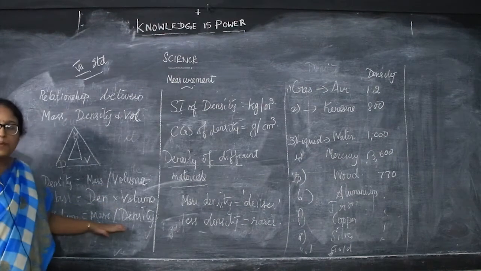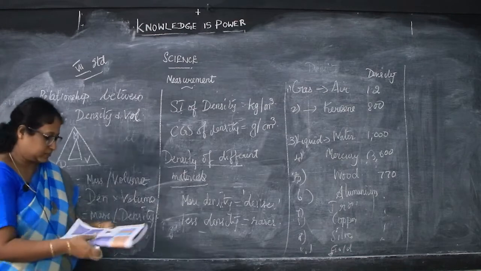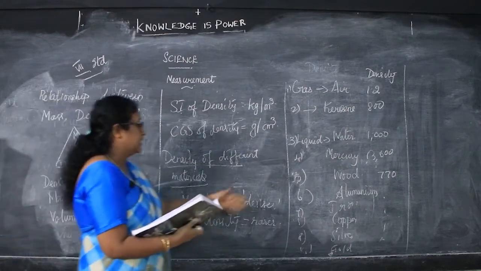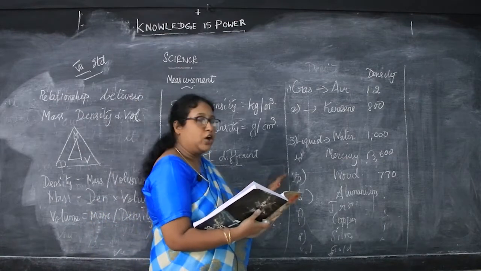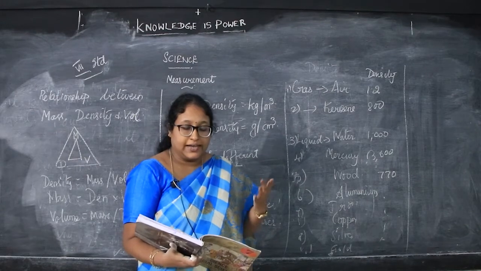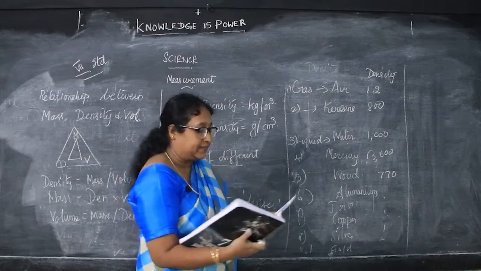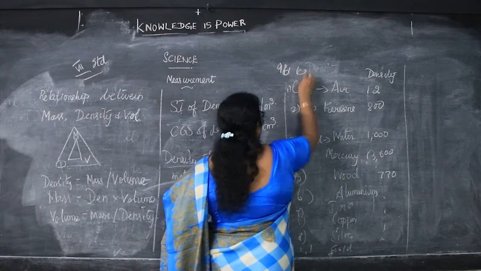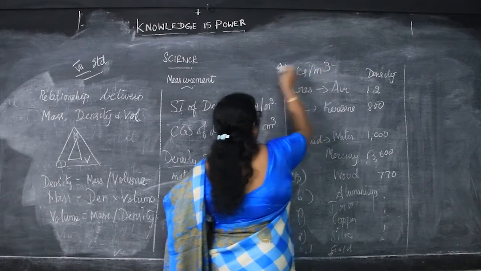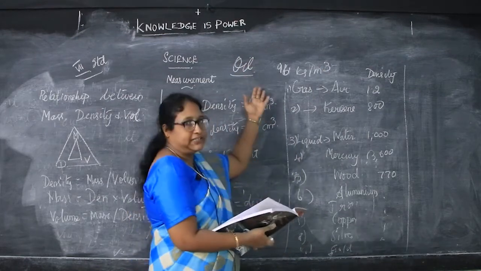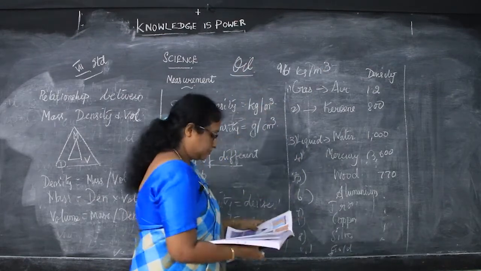Volume is mass by density. Now, while I was speaking about density, even oils like castor oil and cooking oil have a density of 961 kg per cubic meter. So water is denser than the oils.